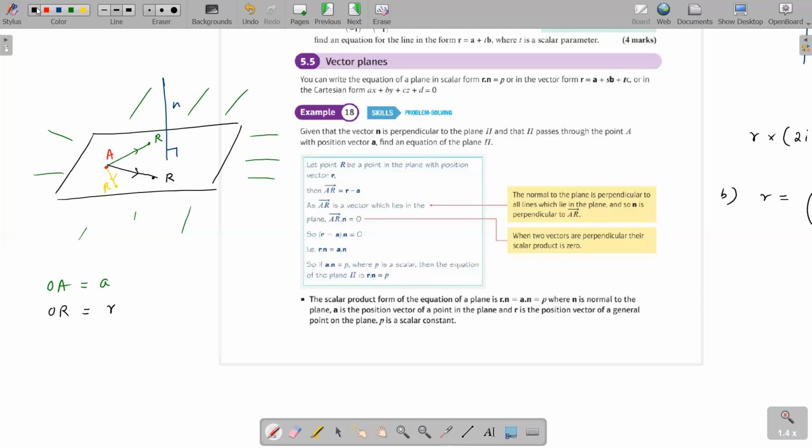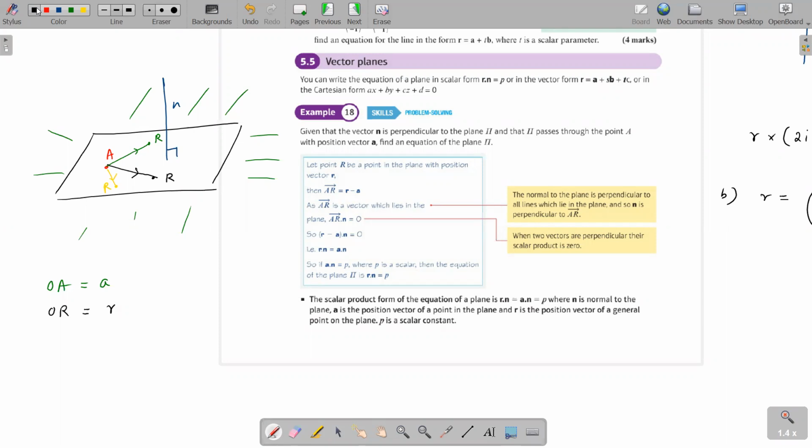Then we learned a special rule about perpendicular vectors, not in this one. In here we learned about the cross product: the cross product of parallel vectors becomes 0. But for perpendicular vectors, you learned in P4 that the dot product of perpendicular vectors becomes equal to 0.